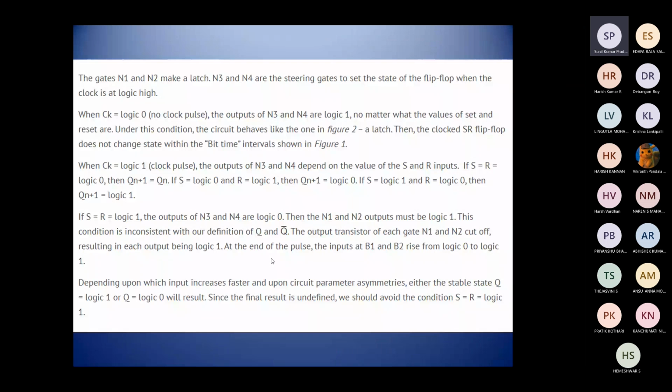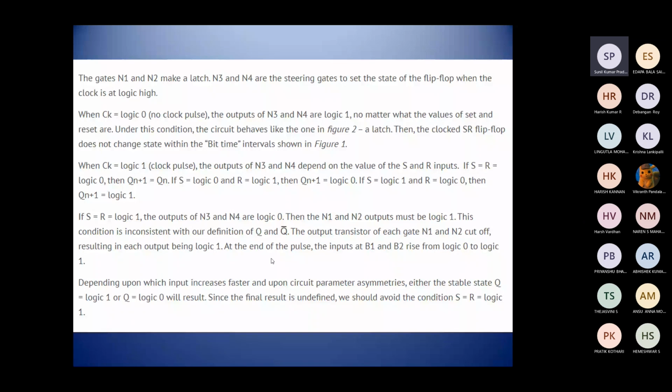As you can see here, the gates N1 and N2 make the latch, and N3 and N4 are steering gates to set the value of the flip-flop when the clock is at logic high. Now when there is no clock pulse, that is logic 0, the outputs of N3 and N4 are at logic 1, no matter what the values of set and reset are.